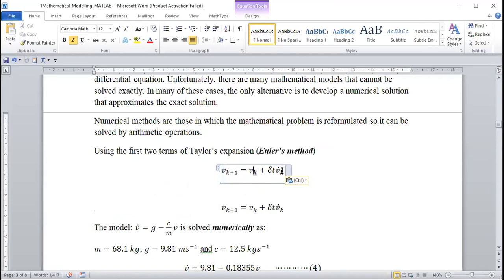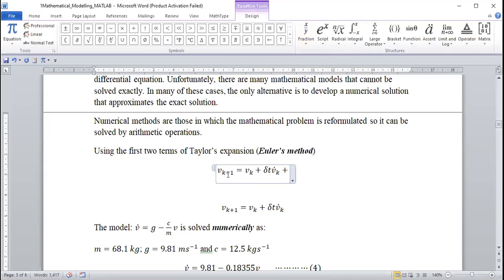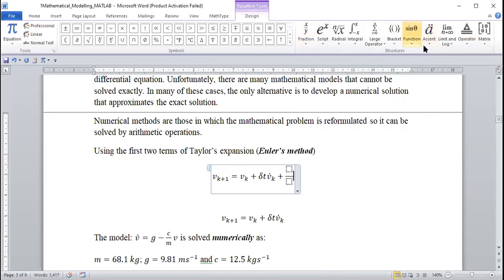This is the equation. Then I told you that the Taylor series expansion is an infinite series, and the actual Taylor series expansion for the next state is given by, I'll just try to write it there.